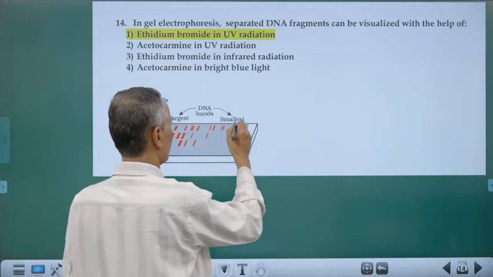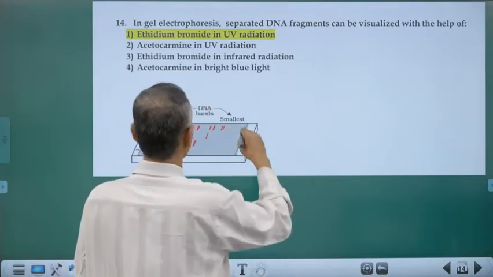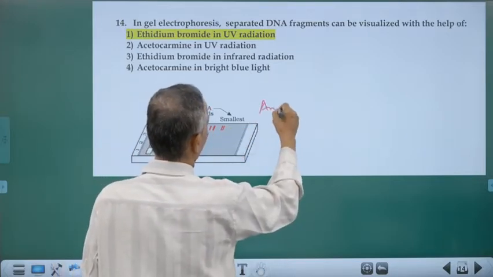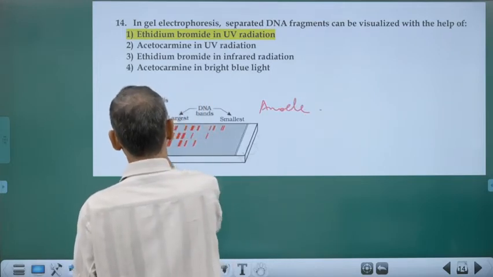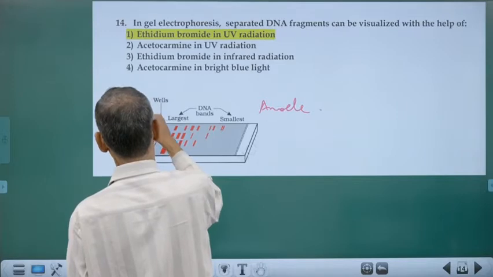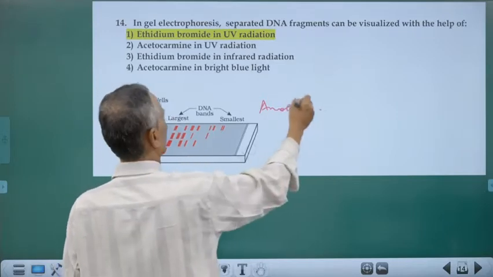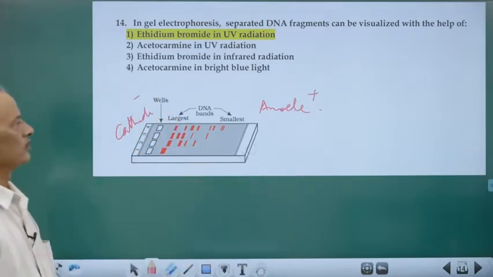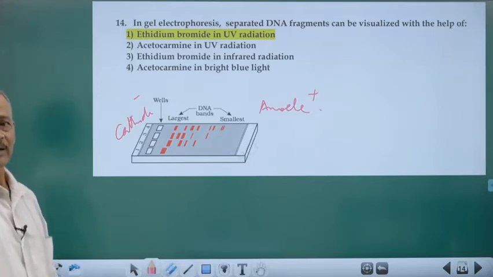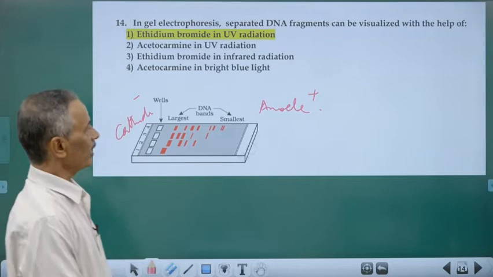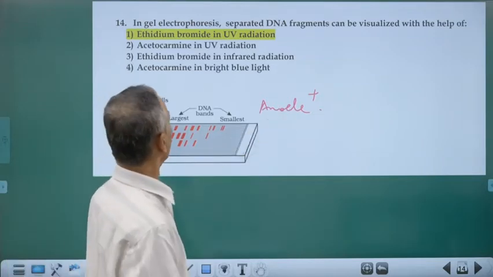The smallest one will be moving very fast, so they will reach the anode faster. We are loading in the well which is very close to the cathode. Why are the molecules running towards the anode? Because nucleic acids are negatively charged. That's why they are all attracted towards the anode, the positive charge.